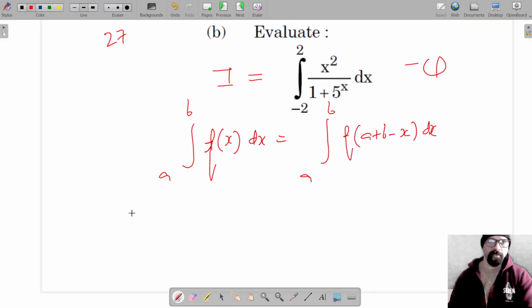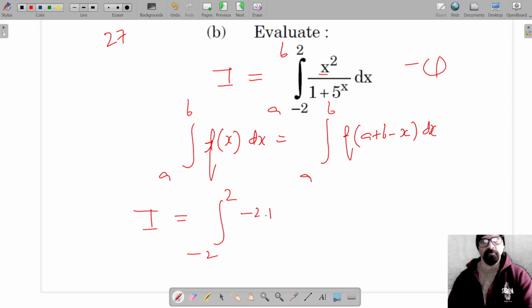So if I apply this on the given integral, from minus 2 to 2, instead of x, we write a plus b minus x, where a is negative 2 and b is 2. So this is negative 2 plus 2 minus x, over 1 plus 5 raised to negative 2 plus 2 minus x, dx.